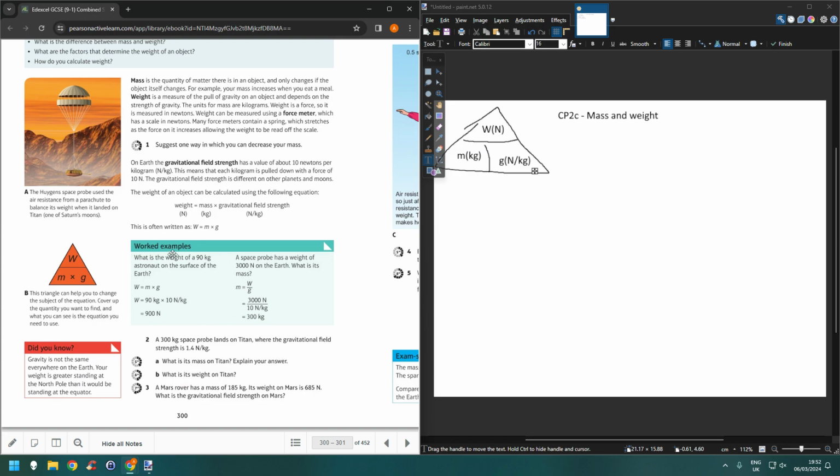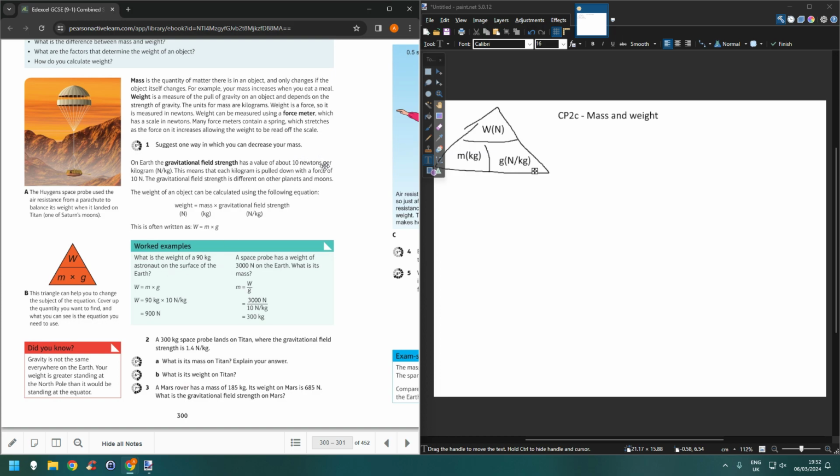Right, let's look at these worked examples. What's the weight of a 90 kilogram astronaut on the surface of the Earth? Okay, if we're looking for weight, we've got to cover up weight, and we go for mass and newtons per kilogram. And this is where what I told you before comes in handy, because it says the surface of the Earth.